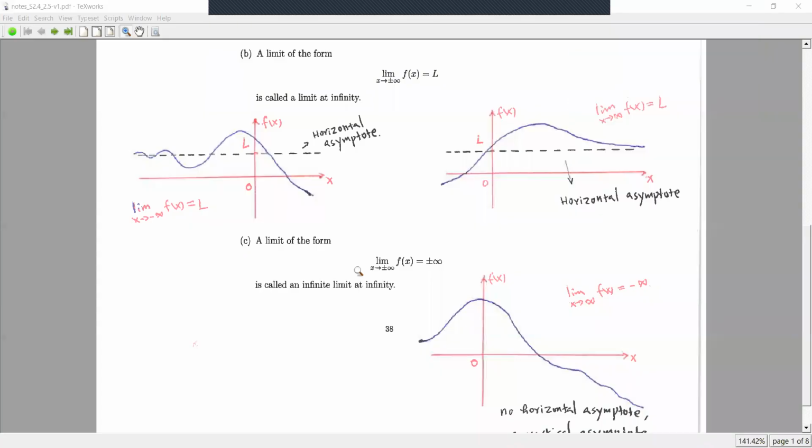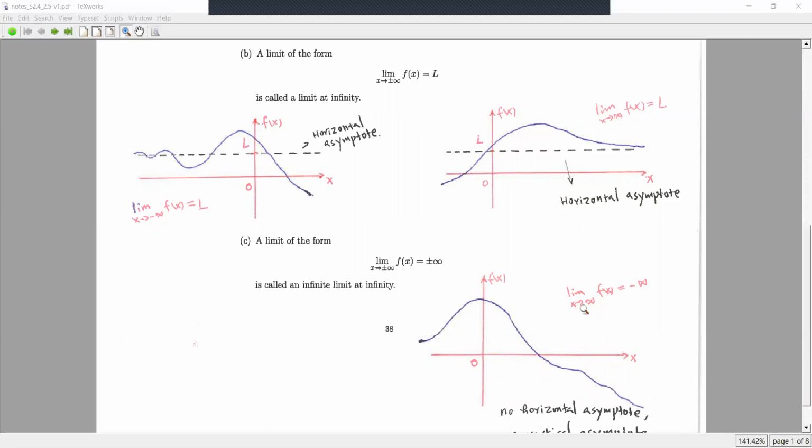C: if x approaches positive infinity or negative infinity, and the function approaches either positive infinity or negative infinity, then the limit is an infinite limit at infinity. Here is one example. This is an infinite limit at positive infinity.